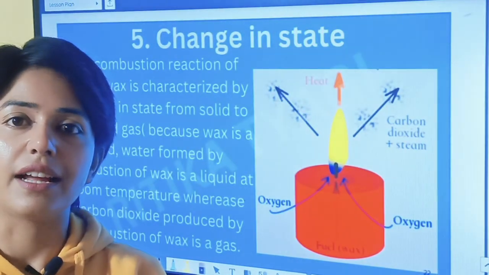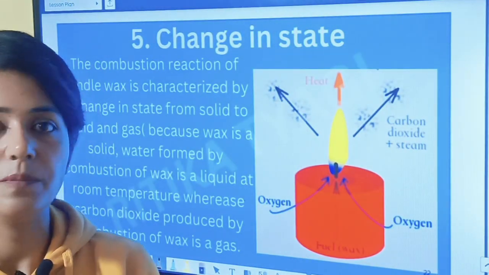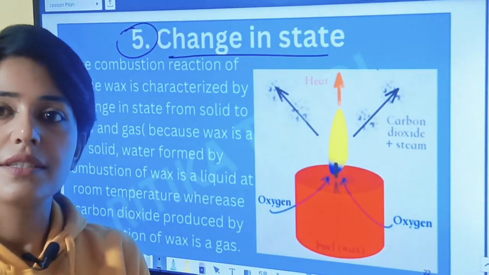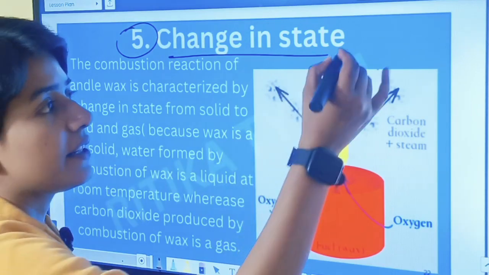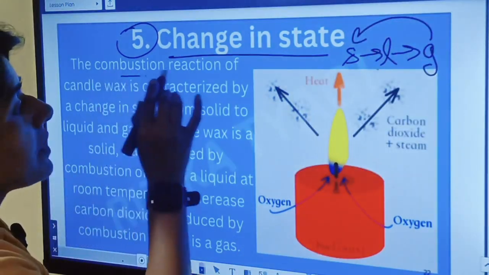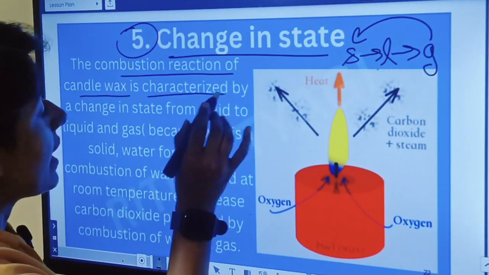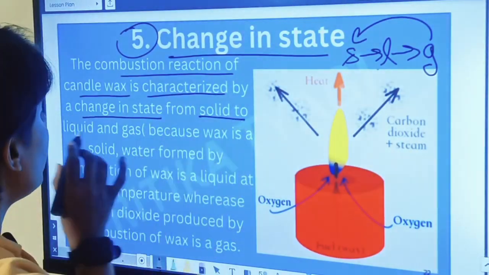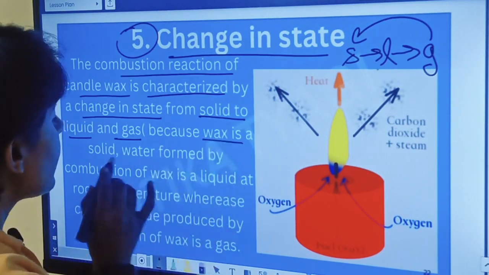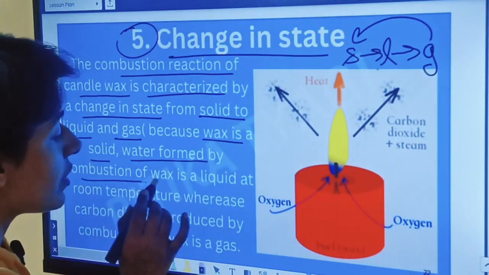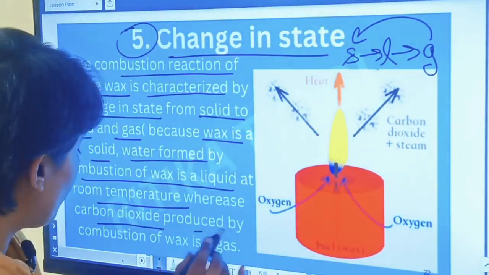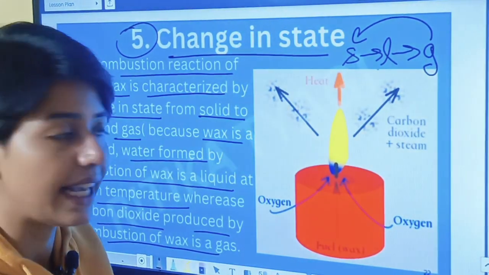Now we are discussing the last characteristic of a chemical reaction, that is the fifth characteristic, change in state. Some chemical reactions are characterized by a change in state, that is from solid to liquid and liquid to gas. For example, the combustion reaction of candle wax is characterized by a change in state from solid to liquid and gas. Why? Because wax is solid, water formed by the combustion of wax is a liquid at room temperature, whereas carbon dioxide produced by combustion of wax is a gas.